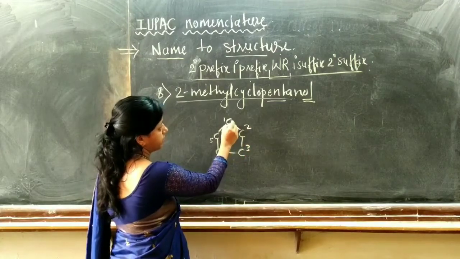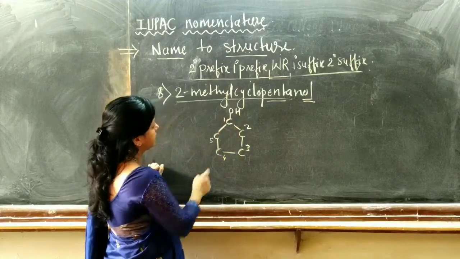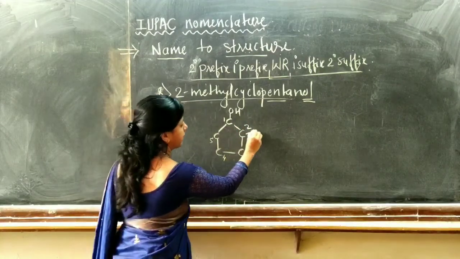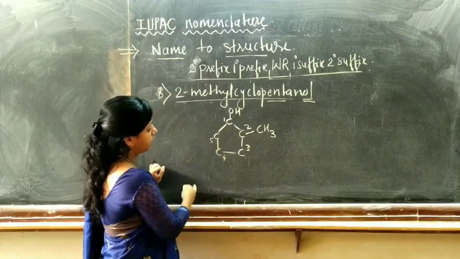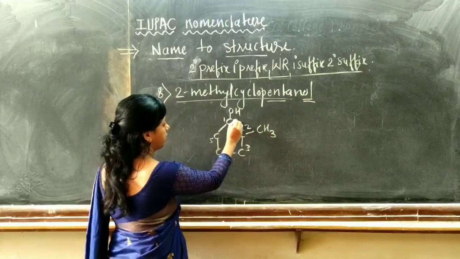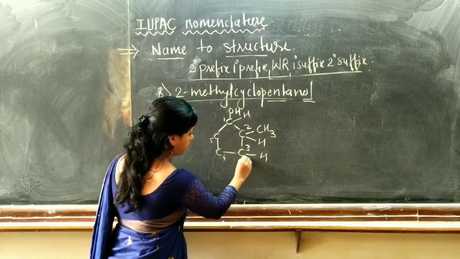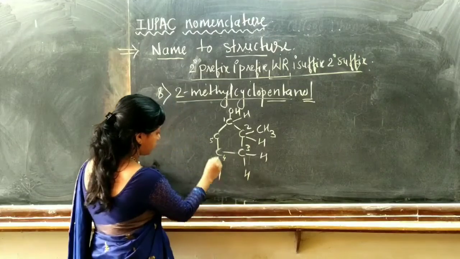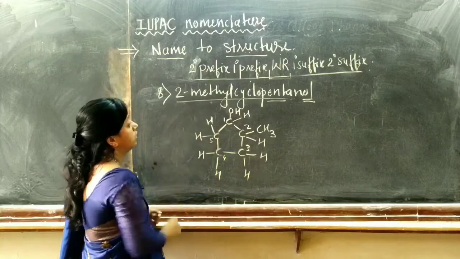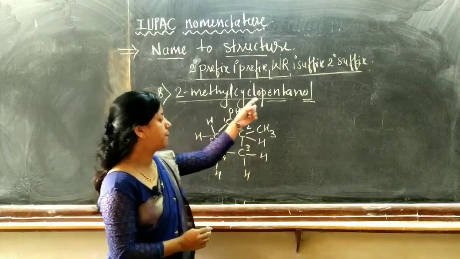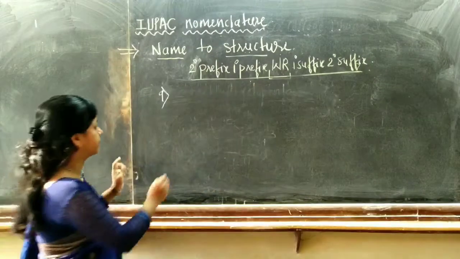OL is present at the first carbon, so we have to write OH here. Then 2-methyl, at the second carbon it has a methyl substituent, and remaining we have to attach hydrogens here. So it needs 1 more hydrogen, here it needs 1 more hydrogen. This requires 2 hydrogens, and this is the complete structure of 2-methylcyclopentanol.